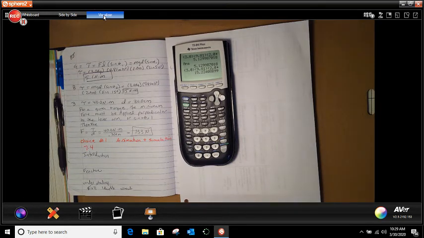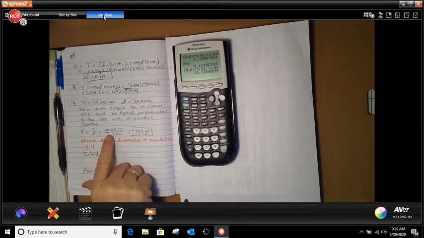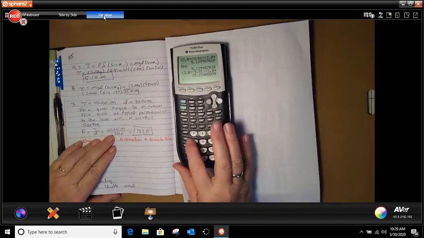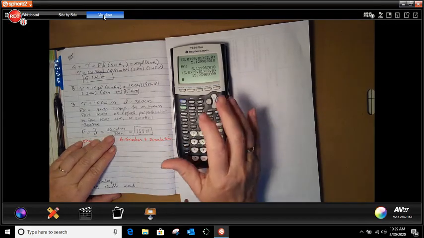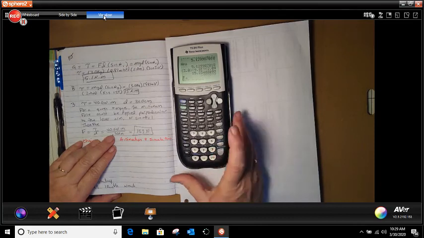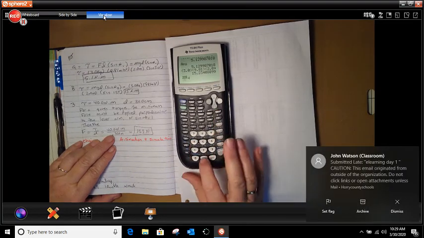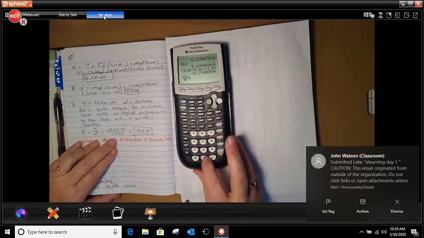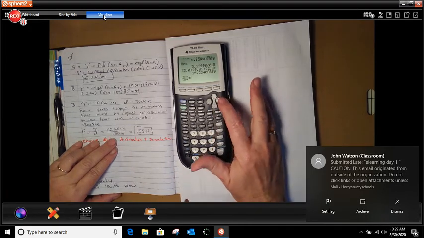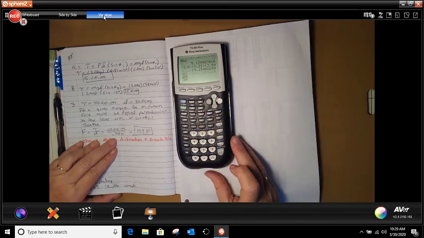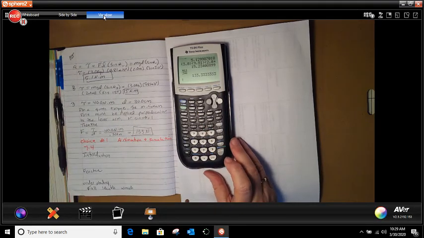So here on my paper, as you can tell, I'm using the numbers that are provided. And so I'm taking my 40 newtons. It's a fraction, so I'm going to do alpha y, enter, and that is going to give me 40.0 over 0.300. I need to delete that and hit enter, and that gives me my answer there.